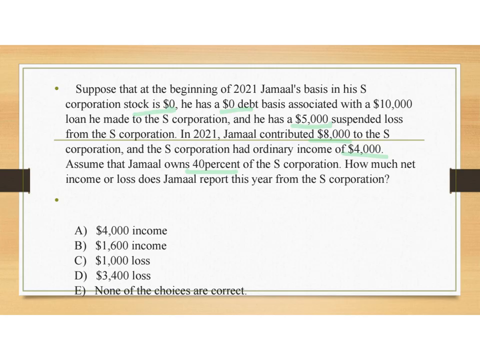Well, let's look at what we've got. So the S Corporation made $4,000, right? But Jamal is a 40% shareholder. So his share of that income is $16,000, okay? Now remember, he has this $5,000 suspended loss, all right?